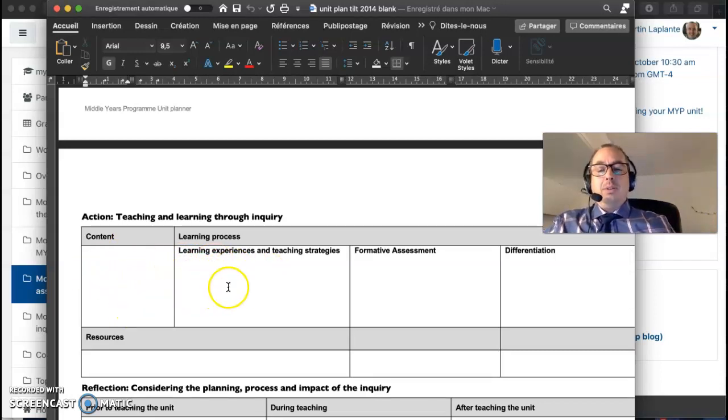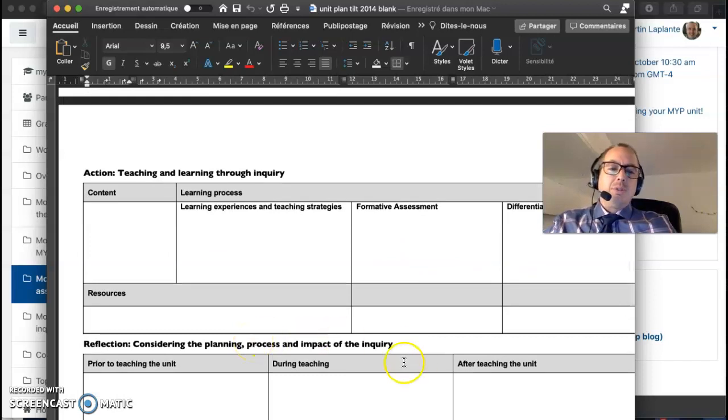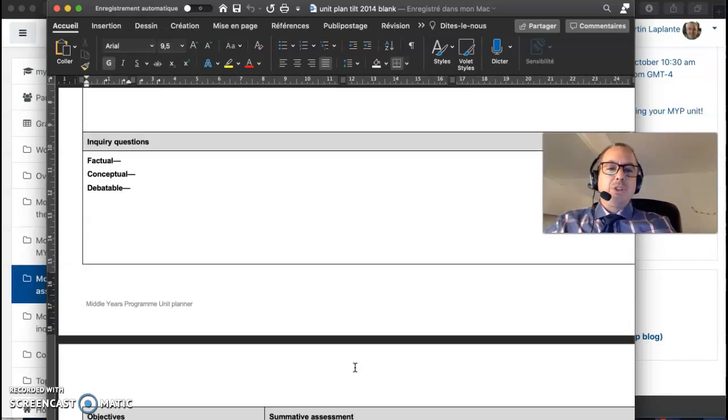You could already write it down. And then when you are going to put the learning and teaching strategies and apply differentiation, the idea of exploring the documents is to have ideas on how to fill these. And then you have the resources, of course, and the reflection prior, during, and after teaching. So that's pretty much the unit plan.